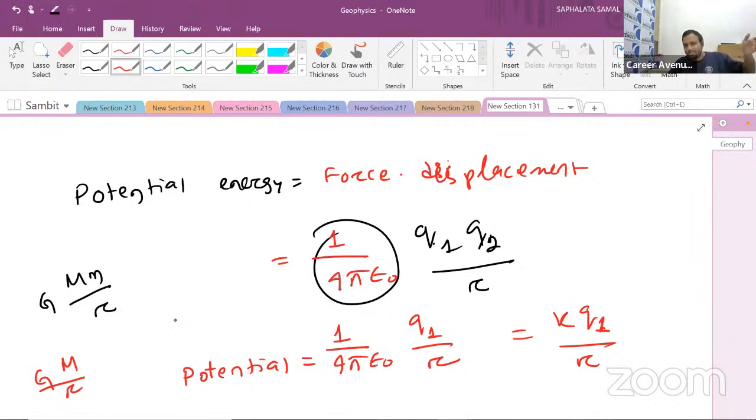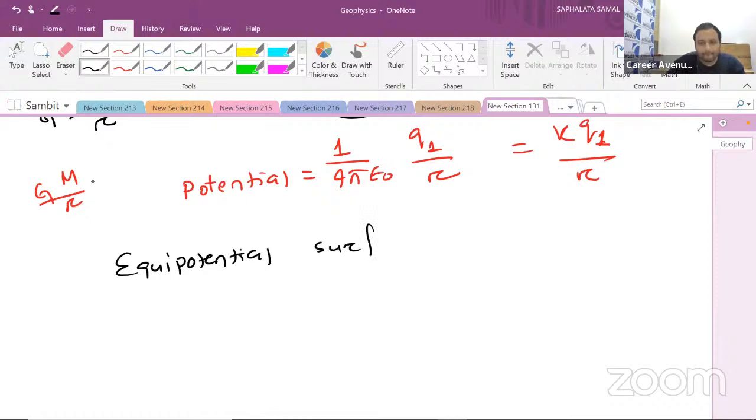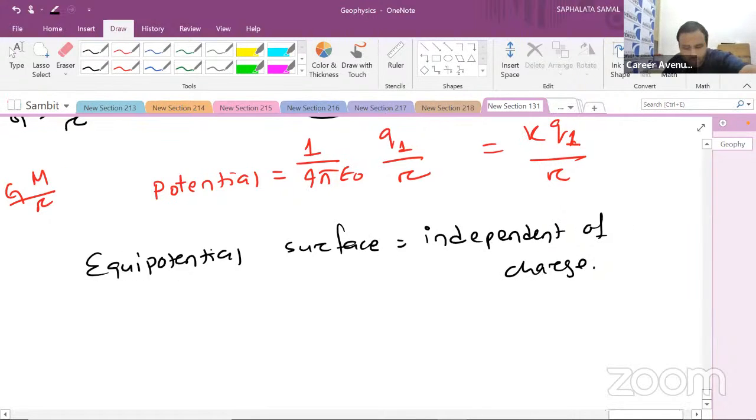Whatever we have in the gravitational field is the same in the electrical. Similarly, we have equipotential surface. There it was independent of mass. Here it will be independent of charge.